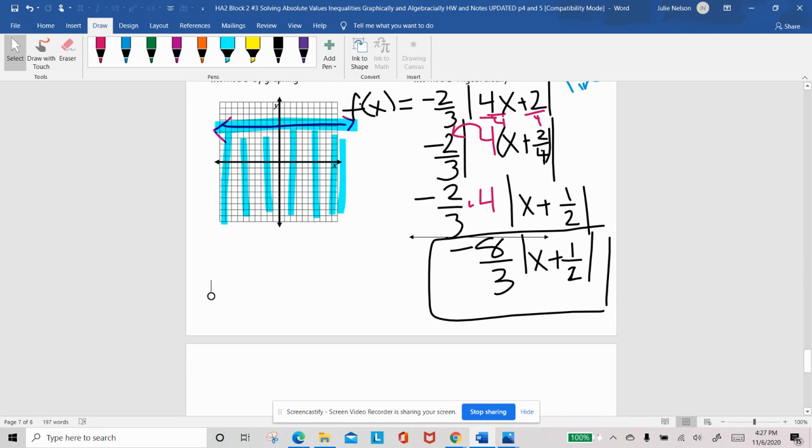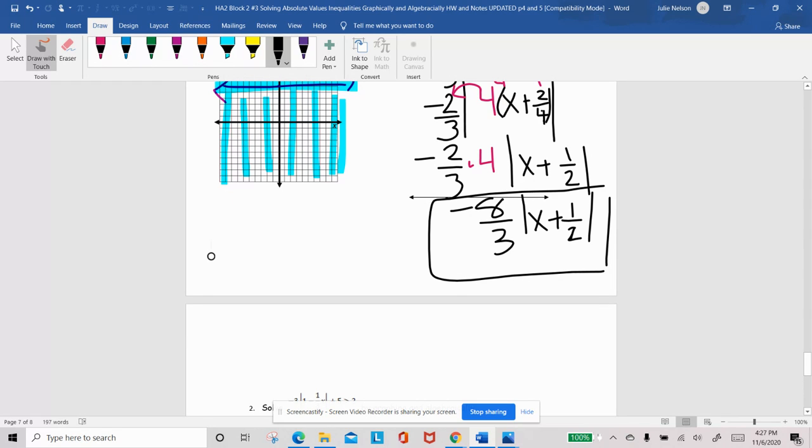Well, it's the opposite of the inside. Keep the outside. So my vertex is negative 1/2, 0. And my a, which is the number in front of the absolute value, is negative 8/3. And that means since it's negative 8, I go down 8. And the 3 tells you how many spaces to go right and left.